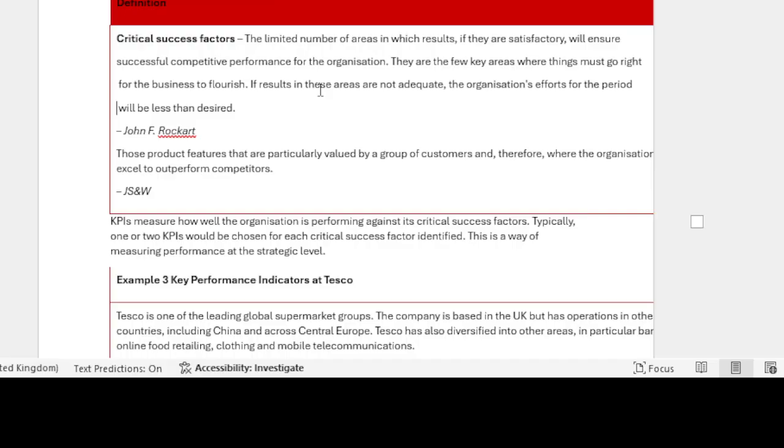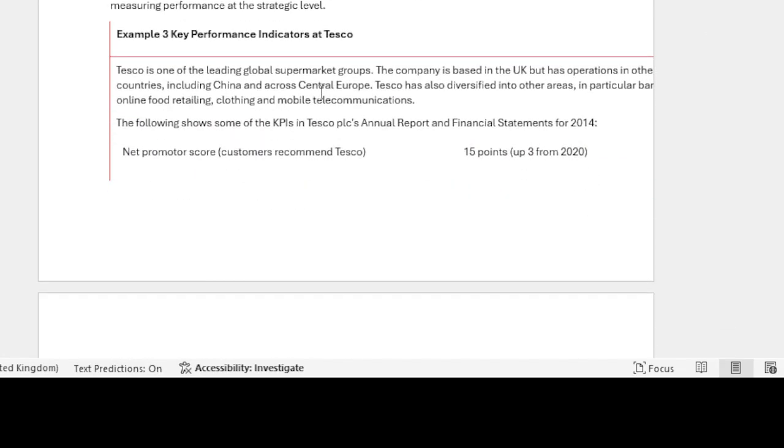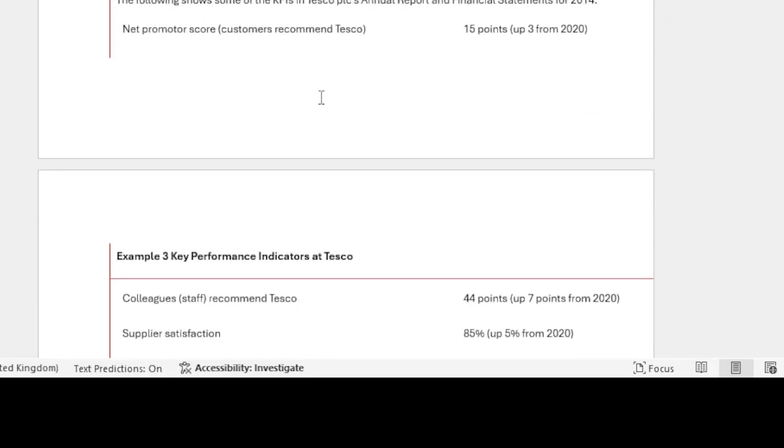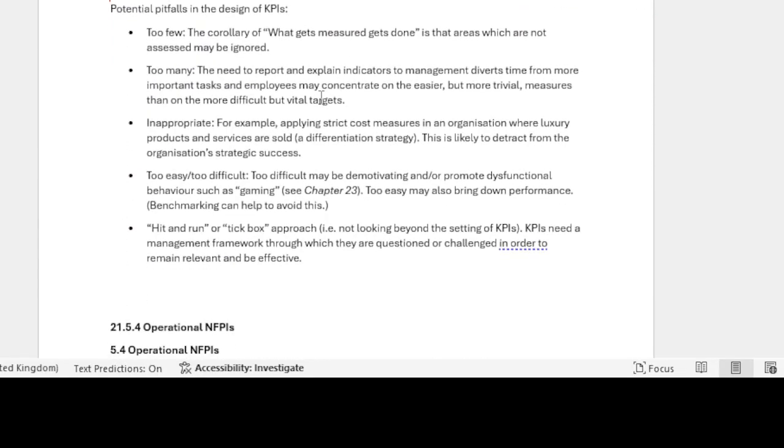If the results from those particular areas are not adequate, it means the organization cannot achieve its desired goal at the end of the day. These are the areas that the company must really perform best in, for it to achieve the goal or even surpass the goal that has been set.